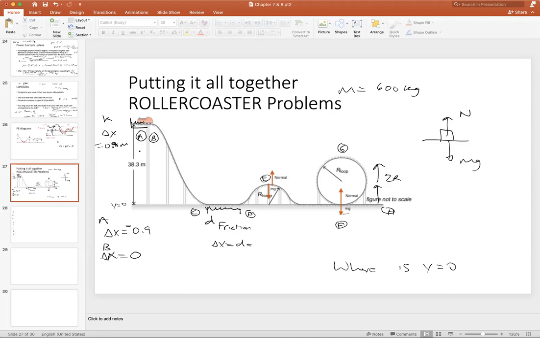And I already know the height, right, to A and B. And I know that this is given to me. It says R hump. So this is R1, or R hill, and this is R loop, right? And they'll be different. But whatever, I'll know the height here, and I'll know the height is 2 times the loop here.